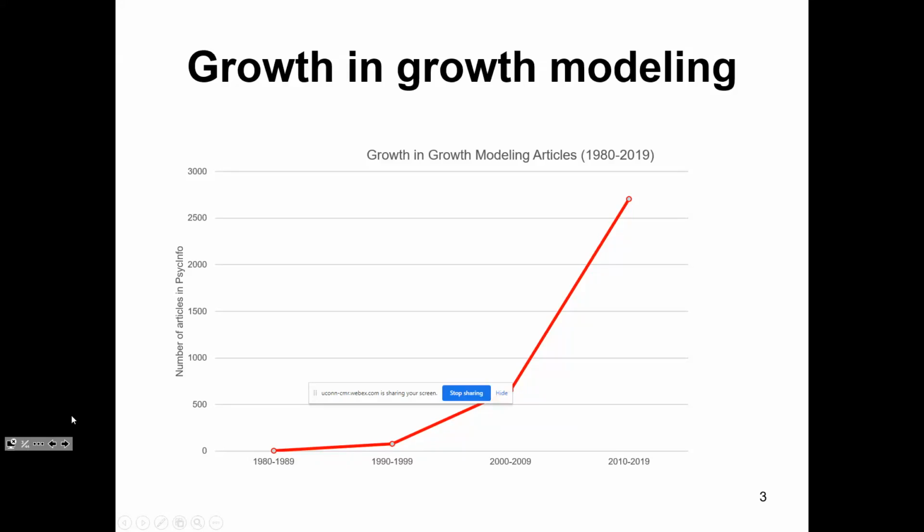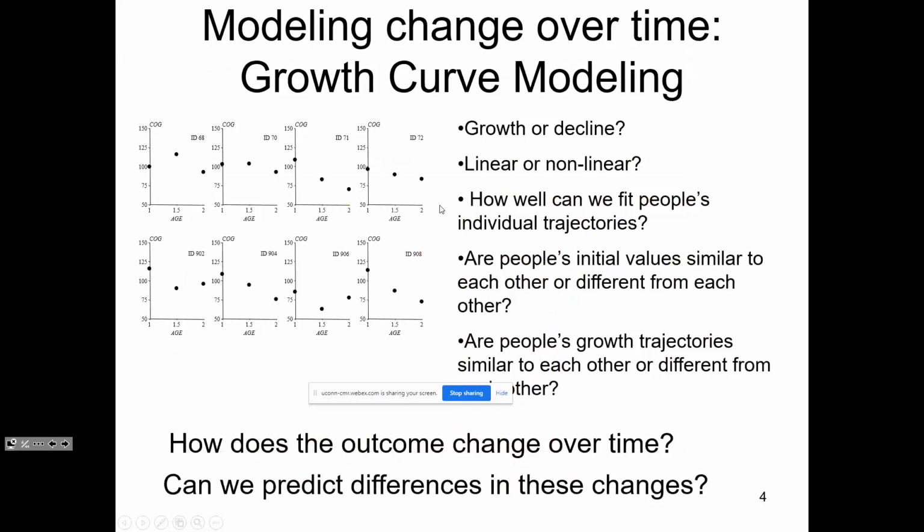Then things have just exploded. Between 2010 and 2019, I think it was over 2,700 growth modeling articles in that 10-year period. So there's growth in growth modeling, very meta.